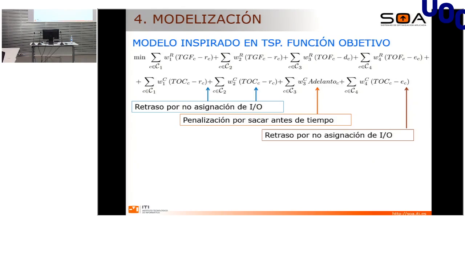So it's just the penalization with respect to the arrival time, the due date, or the non-assignment of an input-output. But each container has a weight, it's a weighted total delay. So each container can have a weight or priority.